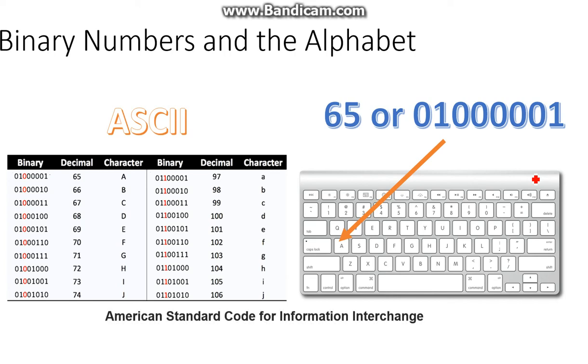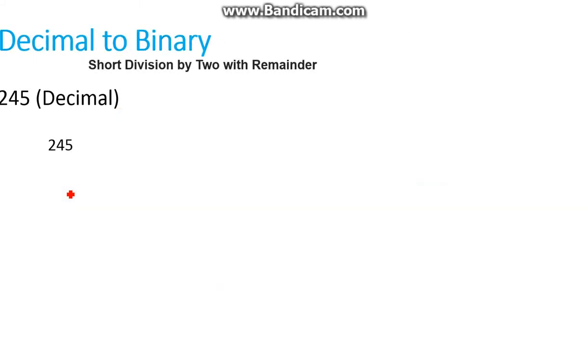ASCII stands for American Standard Code for Information Interchange. So, for instance, if you press the letter A, capital A is encoded with 65, so its corresponding binary number will be equal to 01000001.